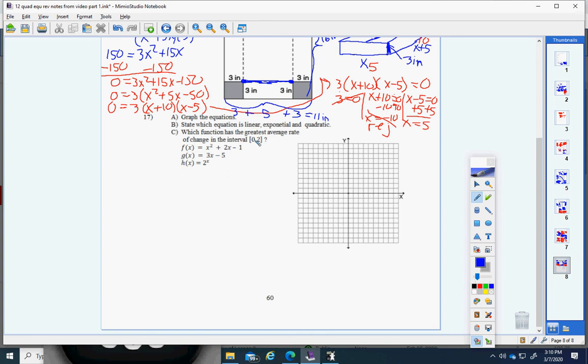The only thing the rate of change is constant in is a linear. And by looking at the equation, I could see f of x is the quadratic because there's an x squared. And the second one is linear because it's in the form of y equals mx plus b. The exponent of x is a 1, definitely making it linear.